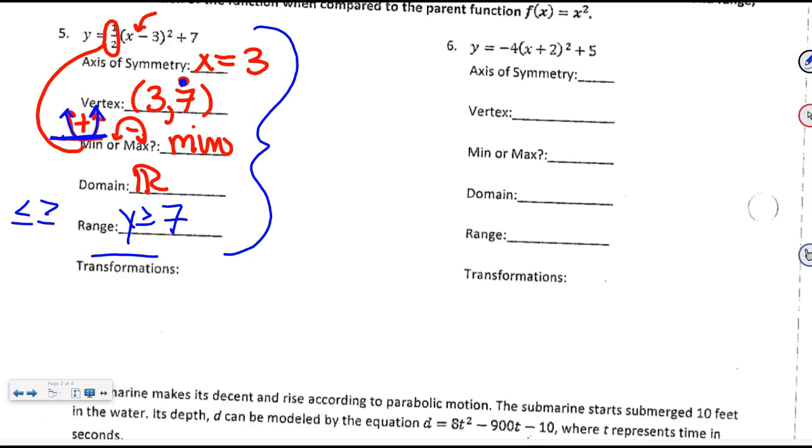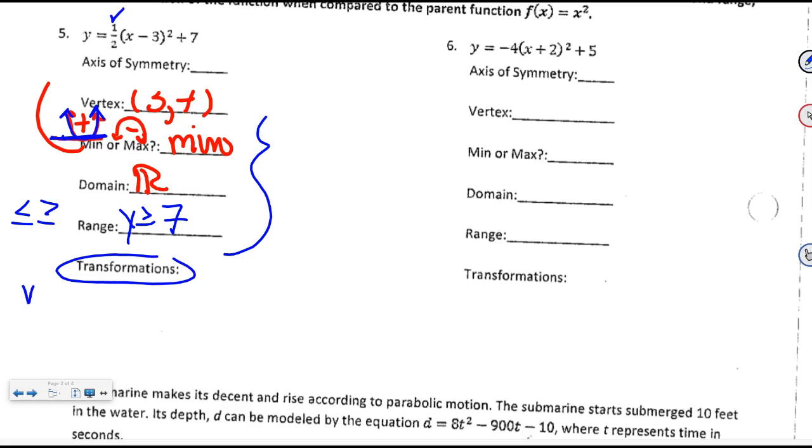What are the transformations? You have to tell me what every single one of these numbers does in detail. It'd be a vertical compression. Remember, if something is bigger than 1, it'll be a stretch. But if I squish you down to half of your height, you'd get compressed. That's you right there. Vertical compression of 1/2.